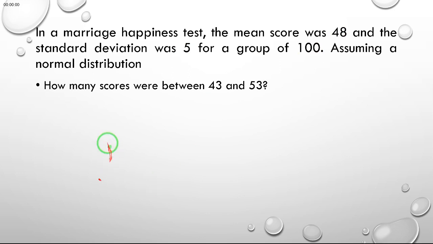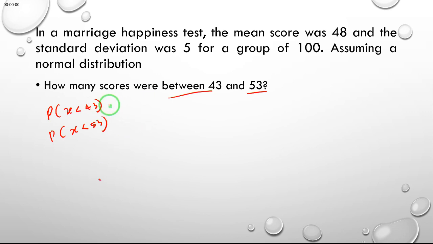The last question asks, in the same example, how many scores were between 43 and 53? How do we do that? We find the probability that x is less than 43, and then the probability that x is less than 53, and then we subtract the lower one from the higher one.